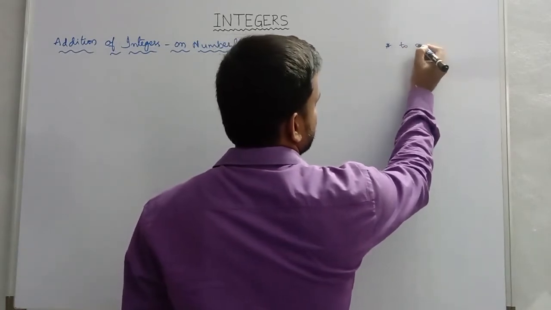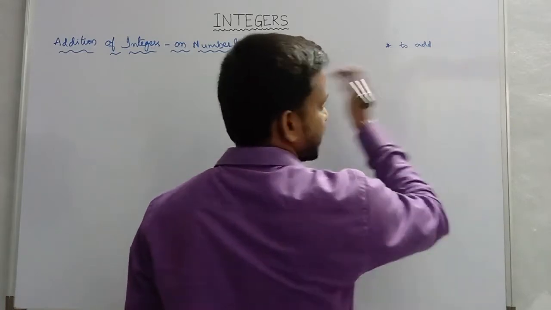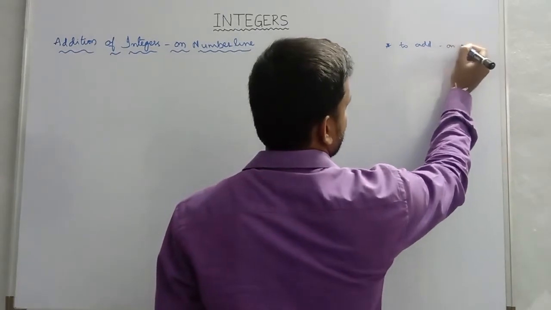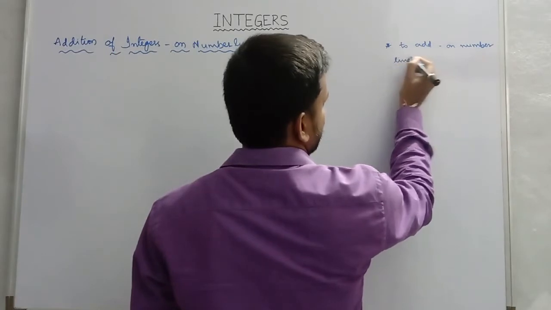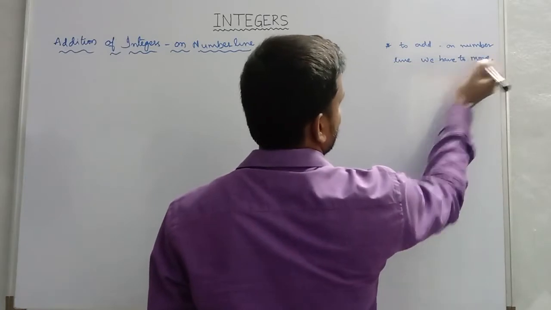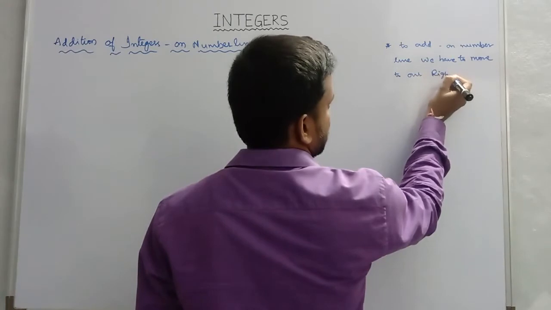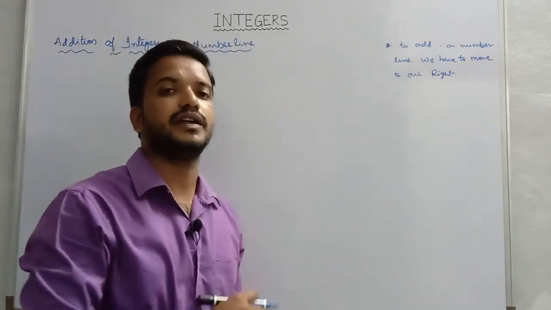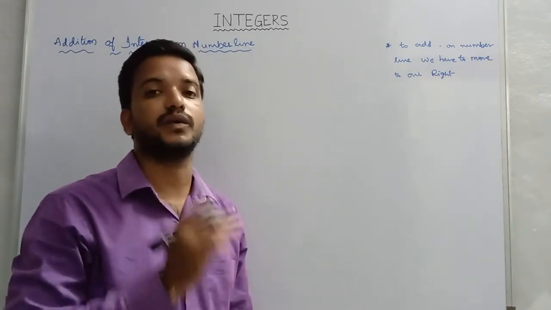To add any two values, I am not saying integers, to add anything on number line, we have to move to our right direction. Okay, but here in integers we have positive values and negative values.